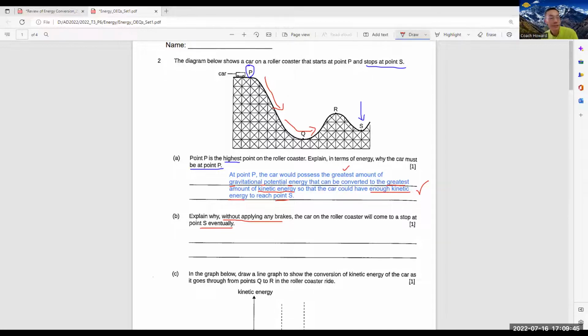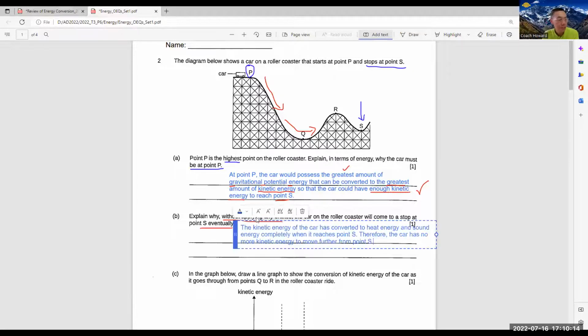So you should say that something will reduce or cause the kinetic energy of the car to drop. Okay, because you see when the car stops, right, there's no more kinetic energy. So where does this kinetic energy go to? Remember the energy conversion law? Energy cannot be created or destroyed. It can only be converted from one form to another. So for this one, they are testing your application.